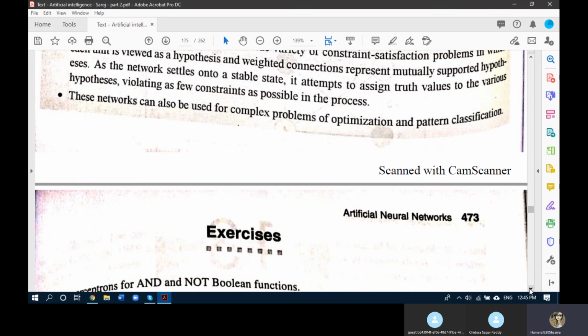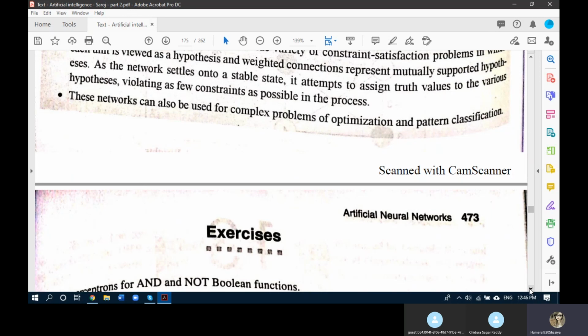Optimization means trying to reach a better and better value. Pattern classification is given a pattern, for instance A. How do you draw it? Two slanting lines connected at the top, and a small horizontal line at the center of those lines. That is a pattern, so a network that can classify a pattern.